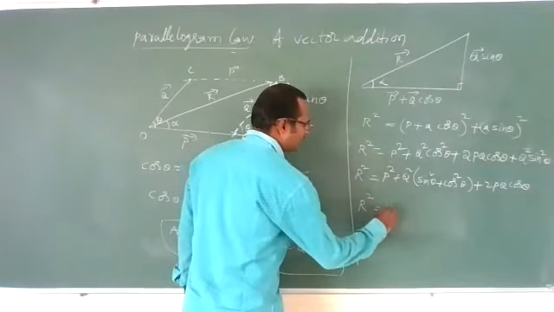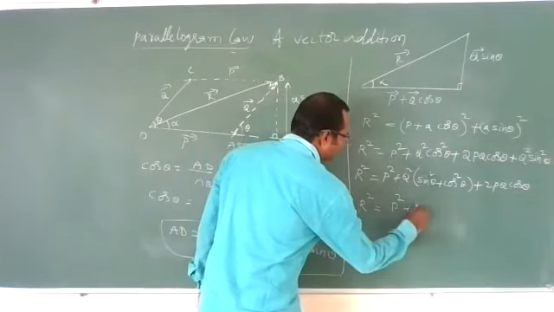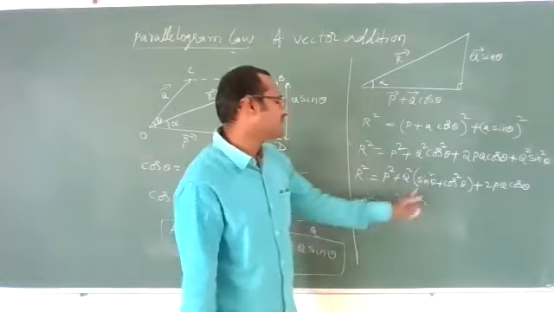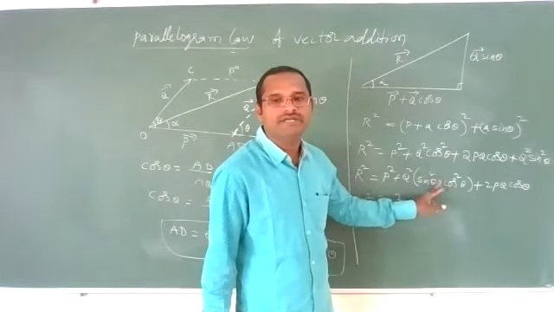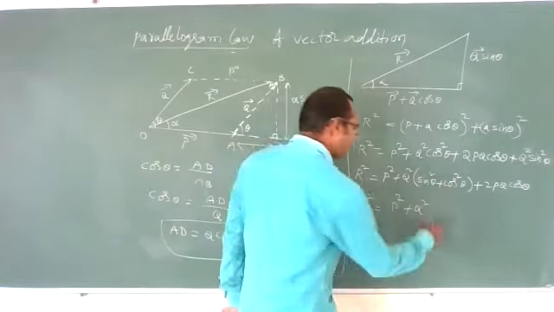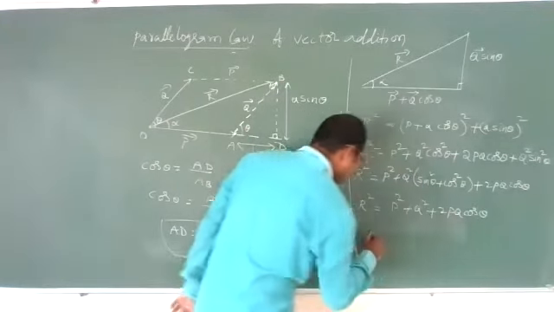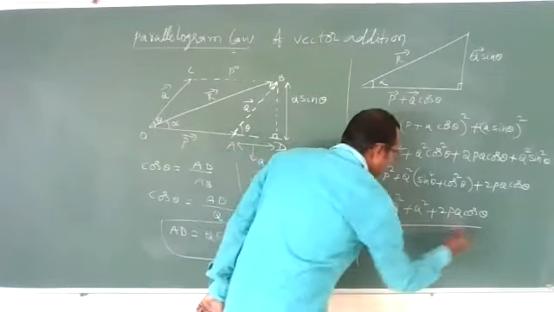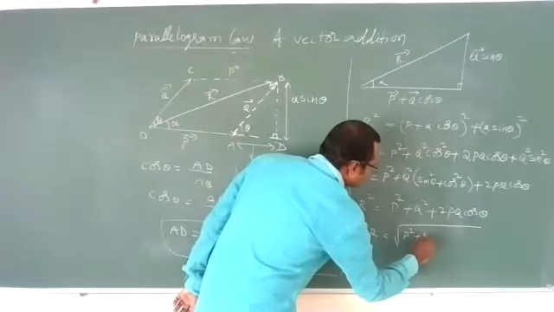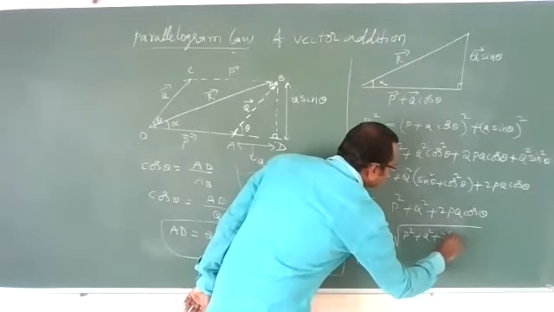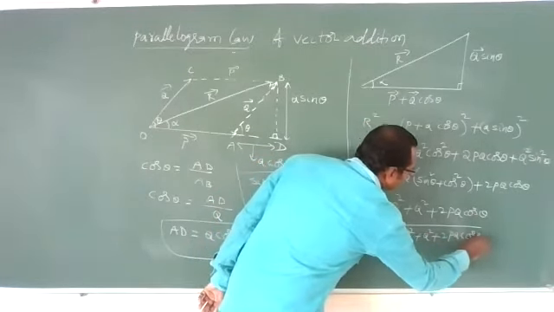That means resultant square is equal to P square plus Q square, because sin square theta plus cos square theta is 1. 1 into Q square is Q square, plus 2PQ cos theta. Then what is R, sir? R is root of P square plus Q square plus 2PQ cos theta.